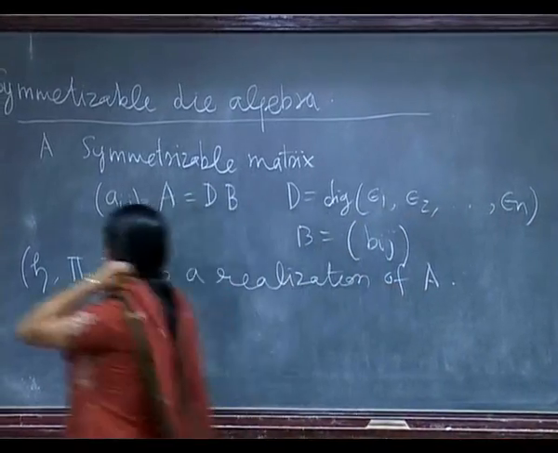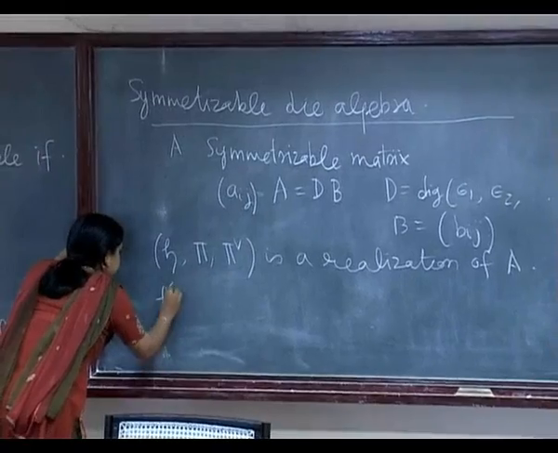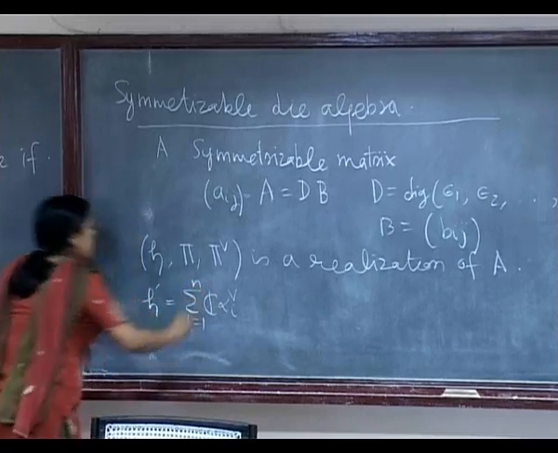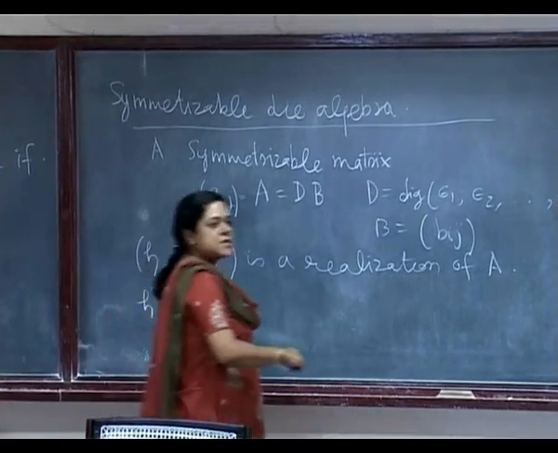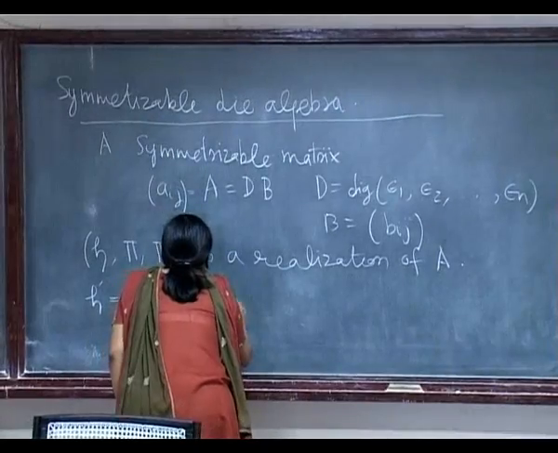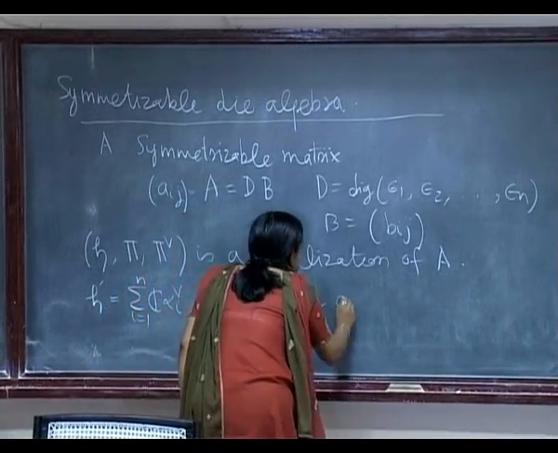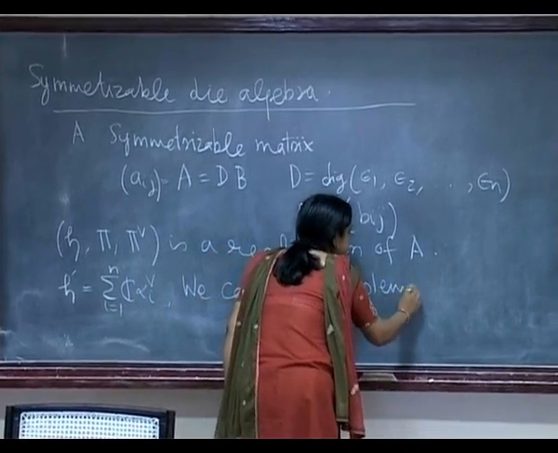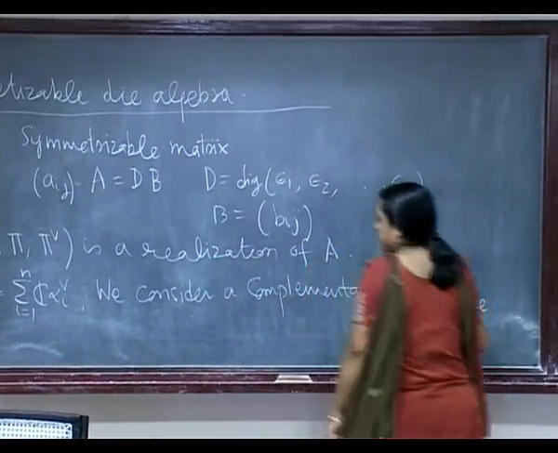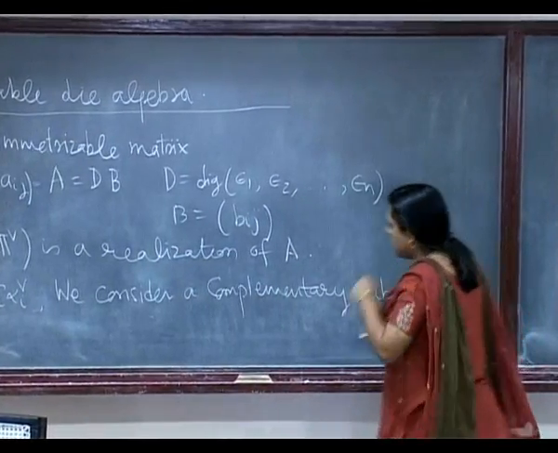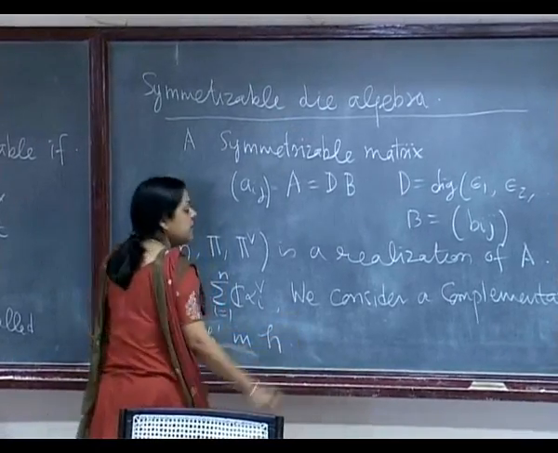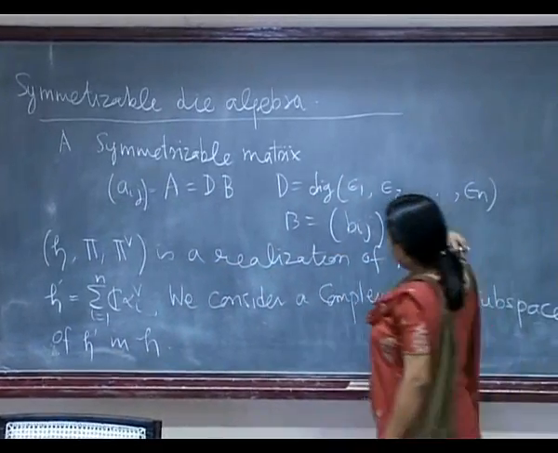Now, we consider h prime, which is the span of all the alpha_i check, and we consider a complementary subspace h double prime of h prime in h.